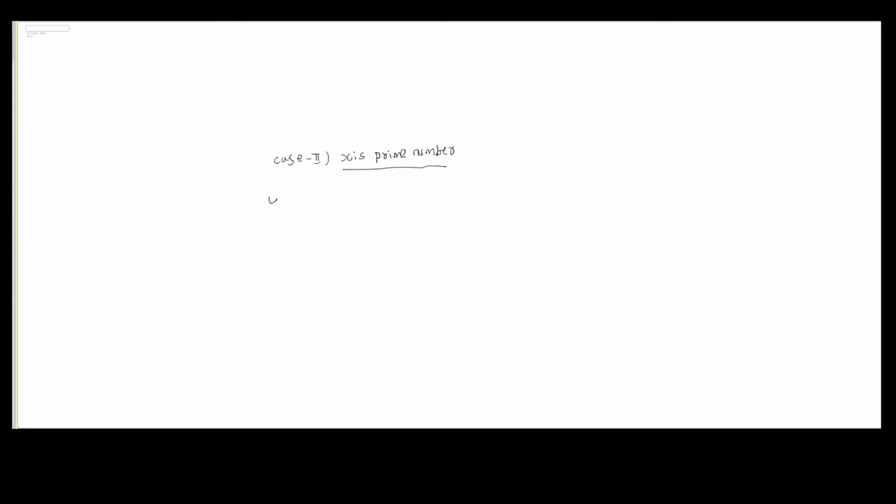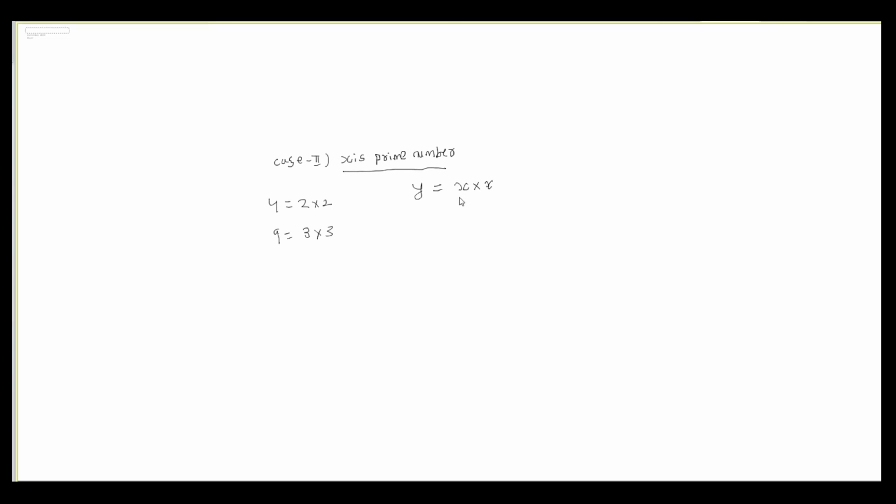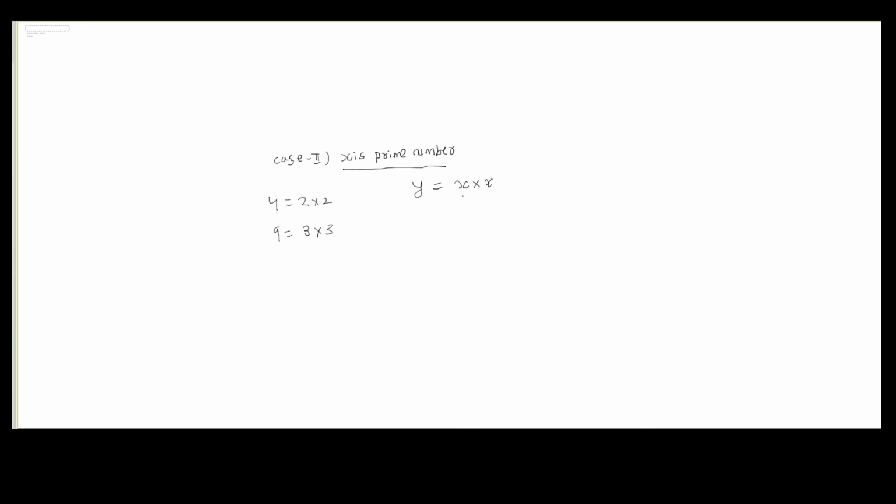Suppose 4 is there. 4 can be expressed as 2 into 2. 9 is there, 3 into 3. y is equal to x into x. What happens? You can get directly the factors here, 2 factors.